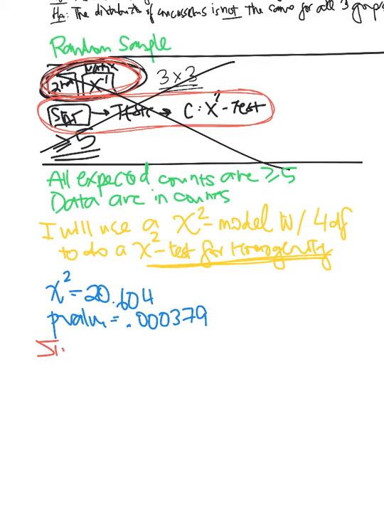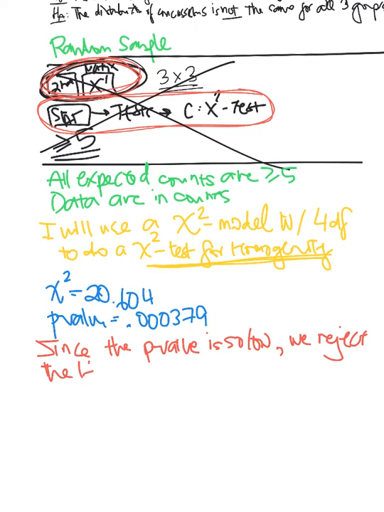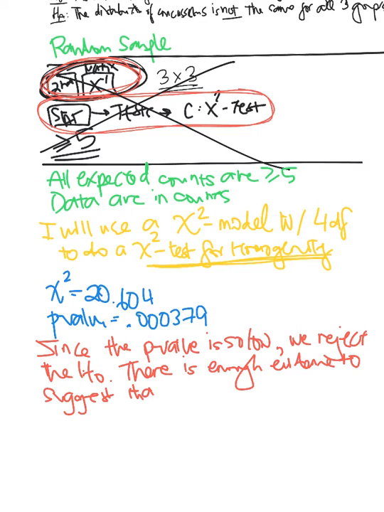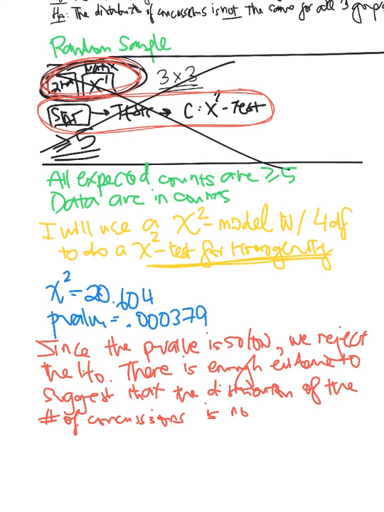So since the p-value is so low, we reject the null hypothesis, which means that there is enough evidence to suggest that, and then you can just copy your alternative hypothesis sentence, that the distribution of the number of concussions is not the same for the three groups. Okay, and that's how you do it.